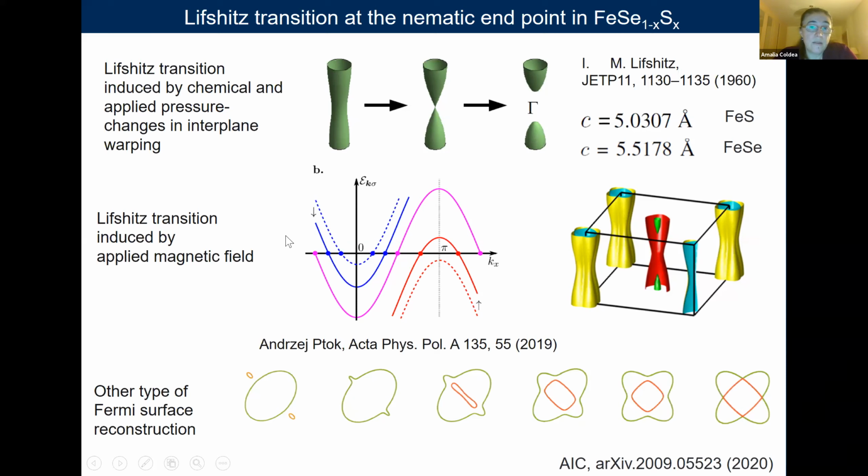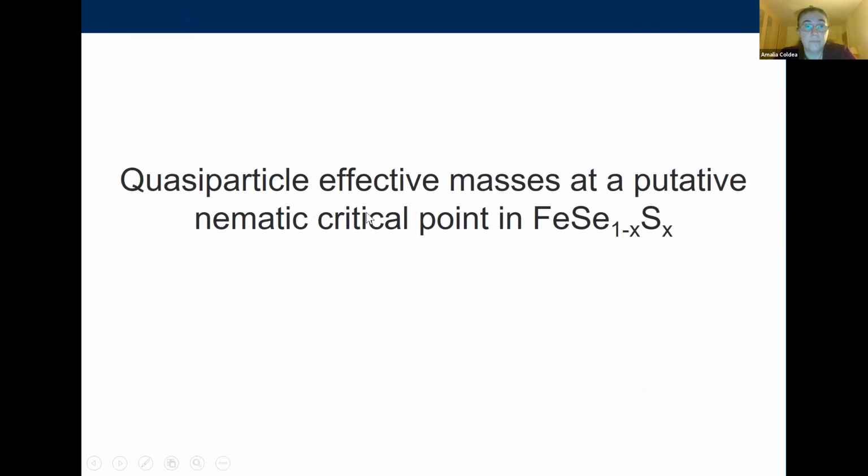Another possibility is effects caused by magnetic fields. In particular, for the case where you have very small pockets, you expect very strong spin polarization, which could cause some of the observed effects.